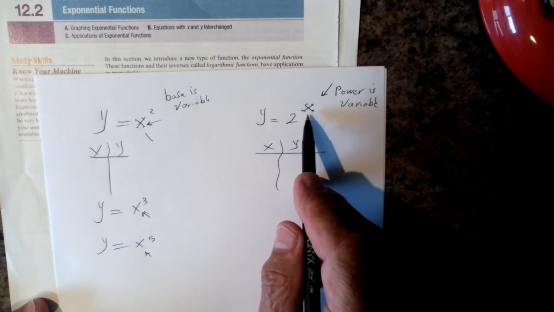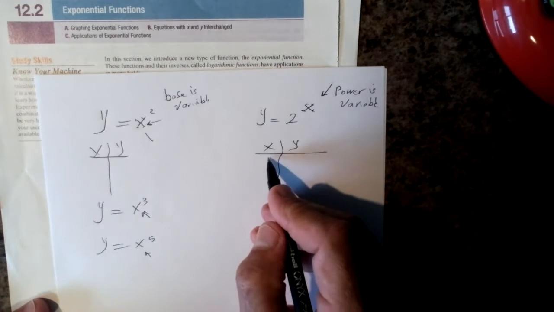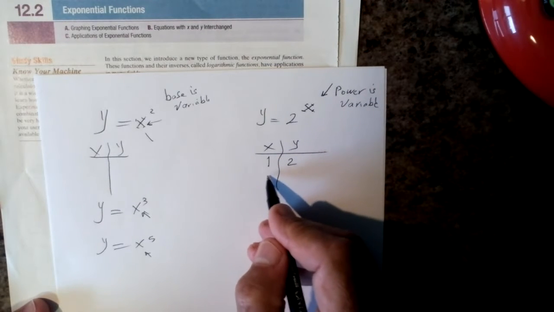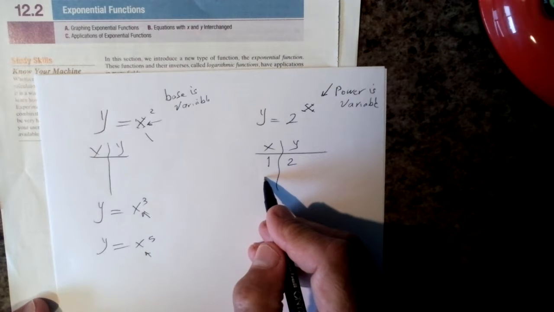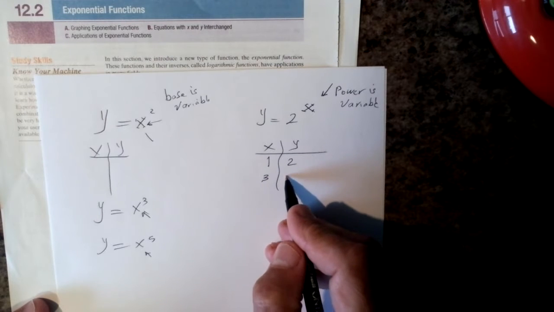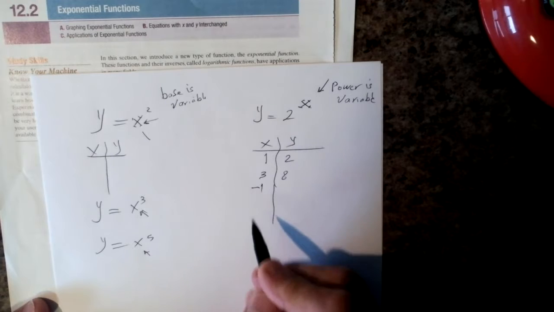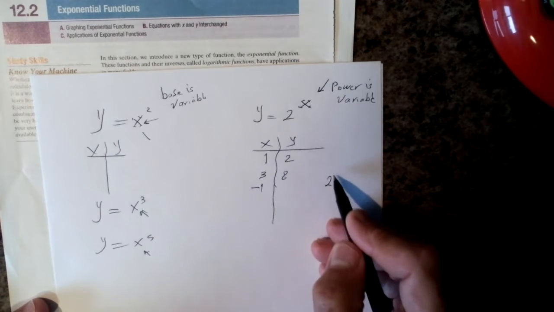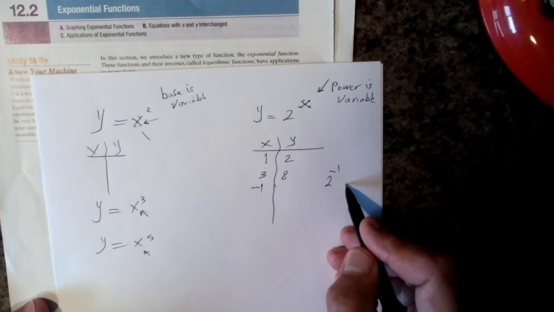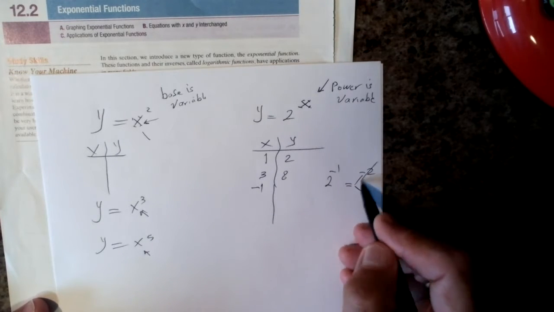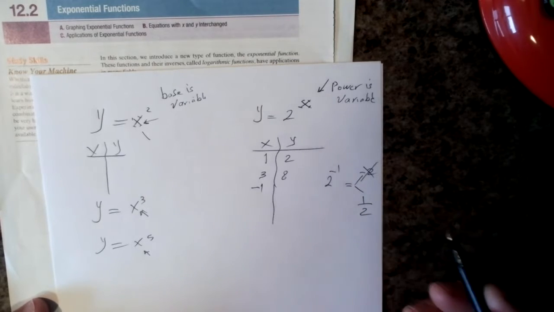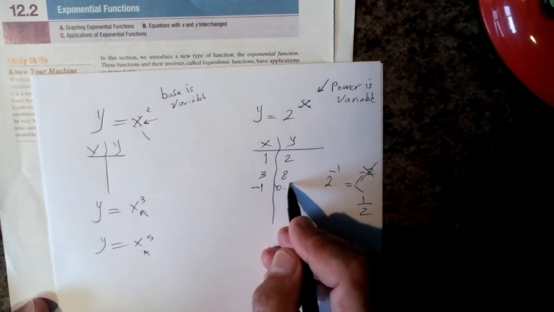So if x is a positive number, y is always positive. But even if x is a negative number, like -1, what is 2 to the power of -1? 2 to the power of -1 is not -2, it is 1/2, which is 0.5.